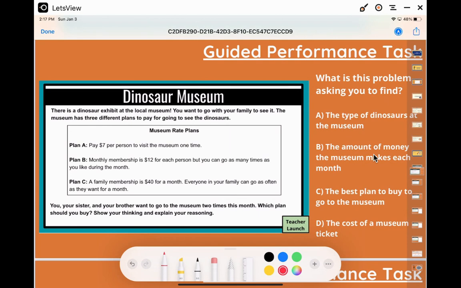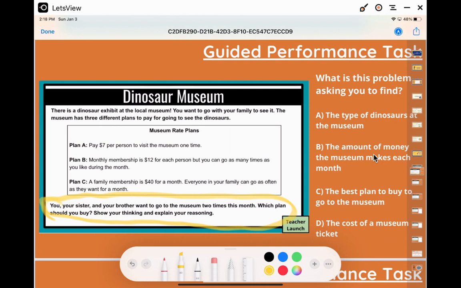All right, well, let's talk about it. At the very bottom of our screen is our problem. This is what we are trying to solve. I'm going to read it for you one more time. It says, you, your sister, and your brother want to go to the museum 2 times this month. Which plan should you buy?